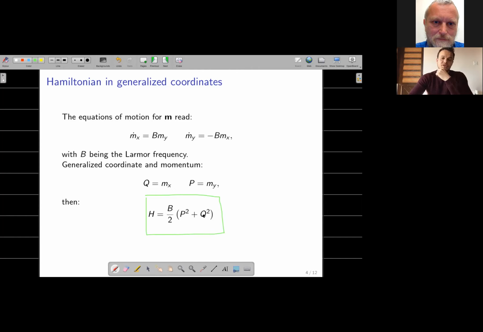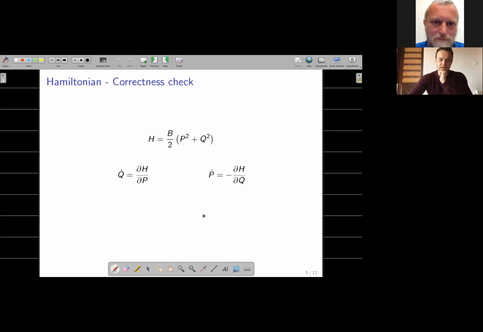We can perform a quick correctness check, meaning that in classical mechanics, in the Hamiltonian formalism, we can take the time derivative of Q. Those are the Hamiltonian equations.